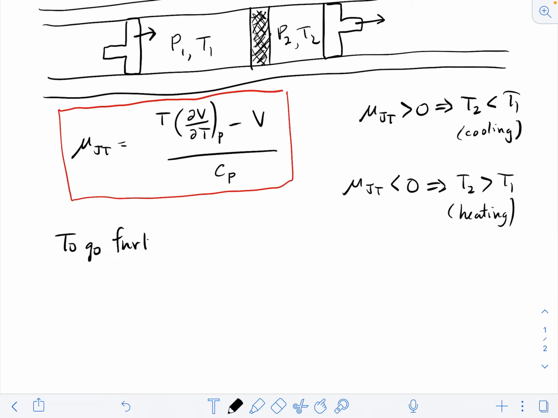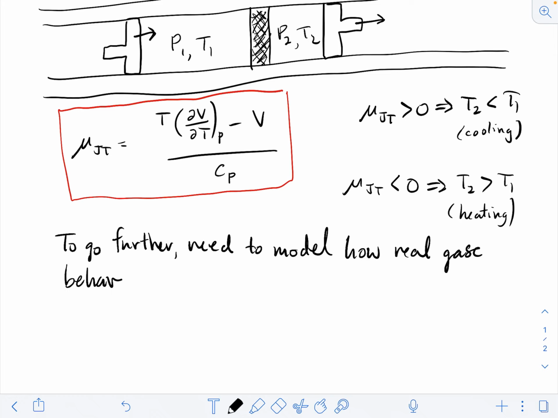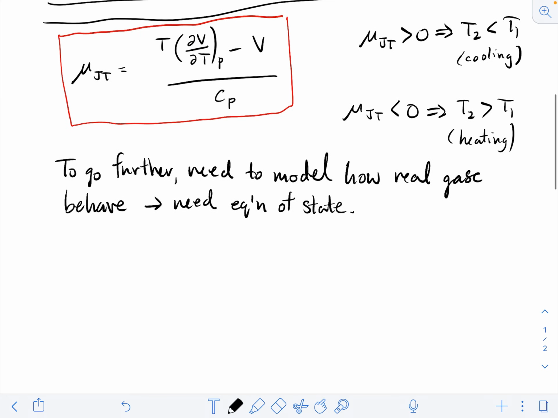So to go further, we need to model how real gases behave, i.e., we need an equation of state. Actually, before we think about our interacting gas, let's just try the ideal gas, which is a system of non-interacting particles.